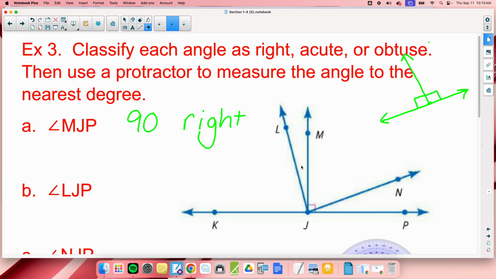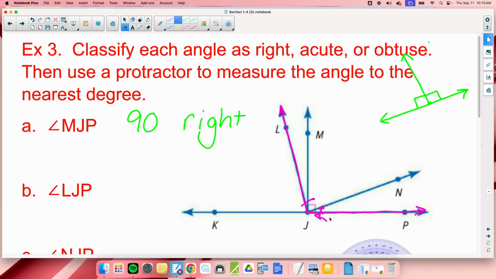The next one asks us for angle LJP. Does that one look bigger than 90? Yeah. So are we going to use the degrees that are bigger when we go to measure this? So if I put that on there, did you guys get somewhere between 100 and 110?